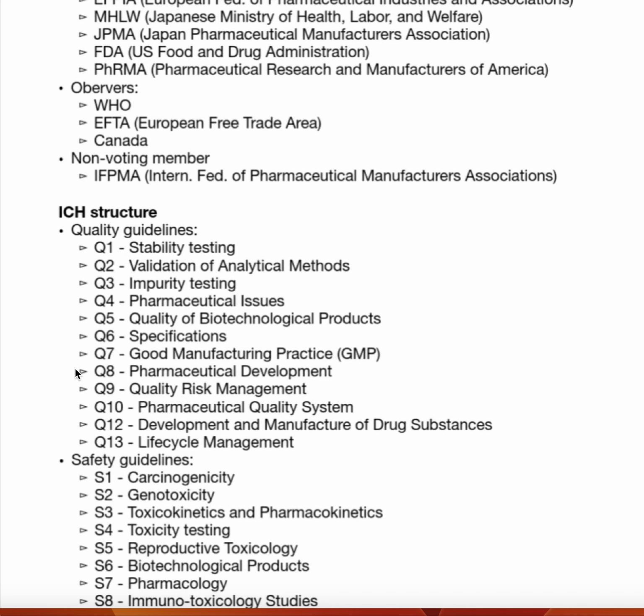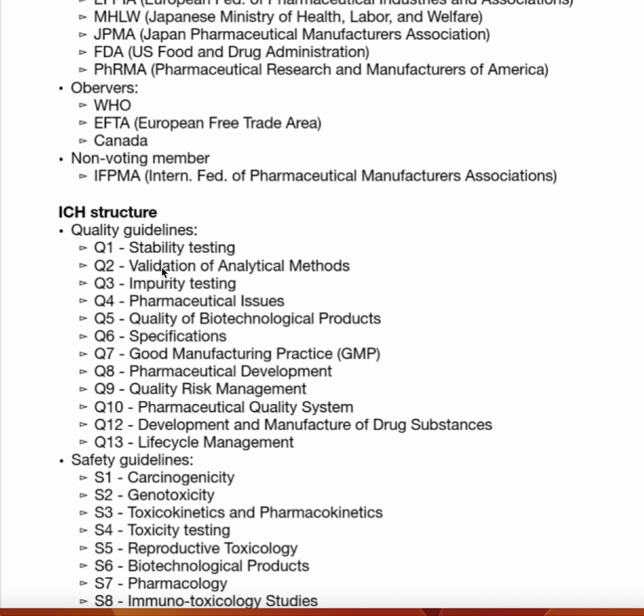So all these are under the quality guidelines, but the question is how that is related to quality. The first one is about the stability of the test. If it's stable and everything is good, then it's under the quality.